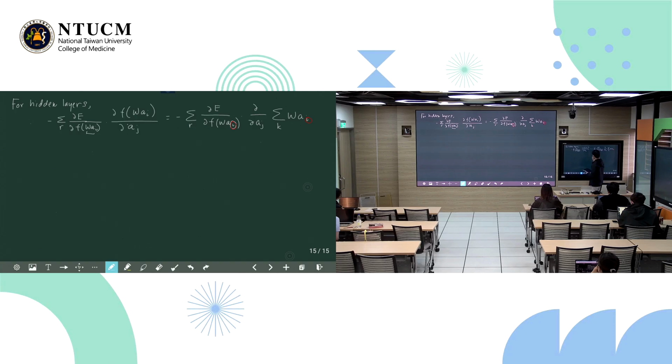And this is going to be equal to minus the sum over r of dE by dF, same thing, times the weights from the output layer. This is just a mathematical form.